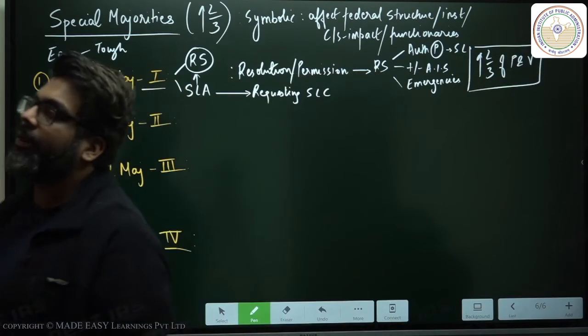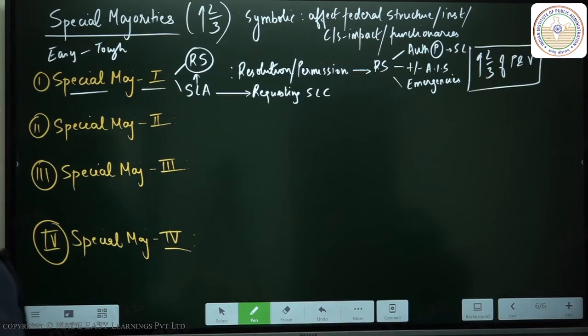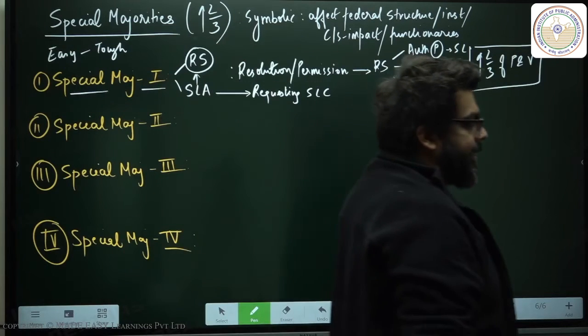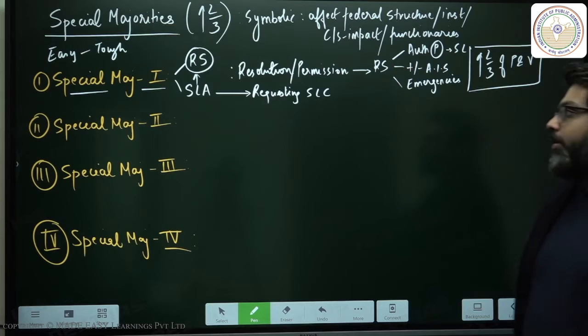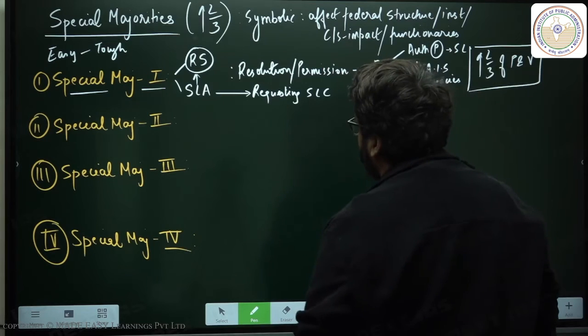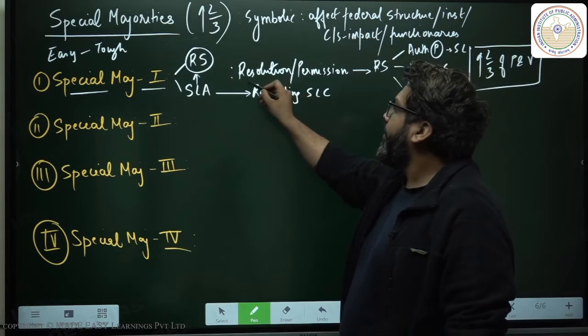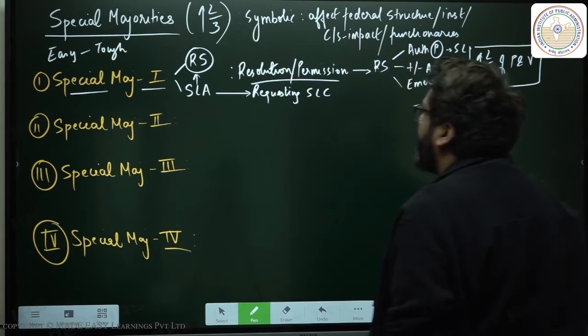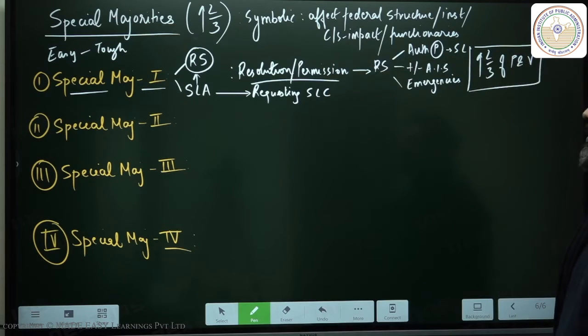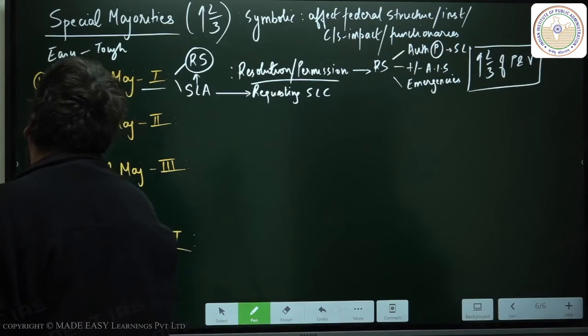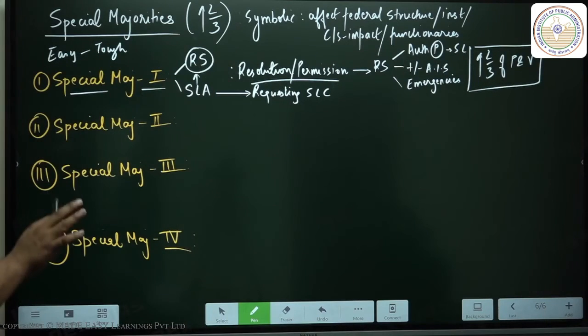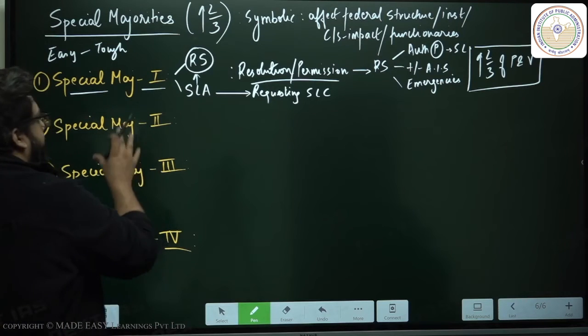That is it. This is your special majority one. It is mostly used only in the Lok Sabha, in the Rajya Sabha and the legislative assemblies, and these are colloquially called resolution or permission majorities. ठीक है? All right. Now, special majority 2.